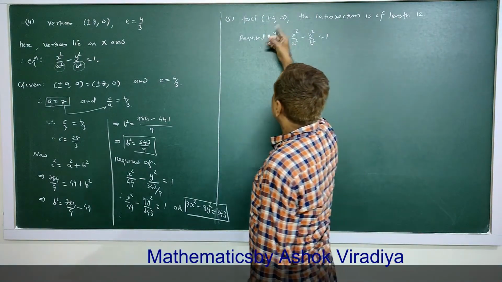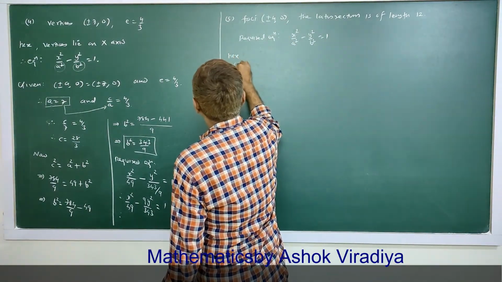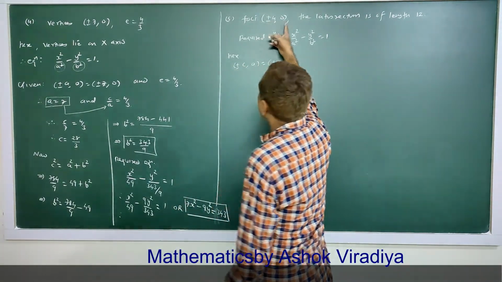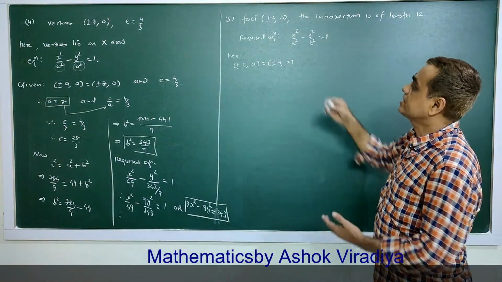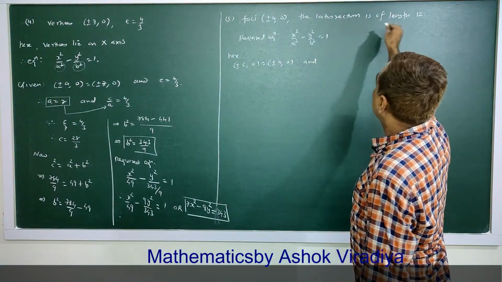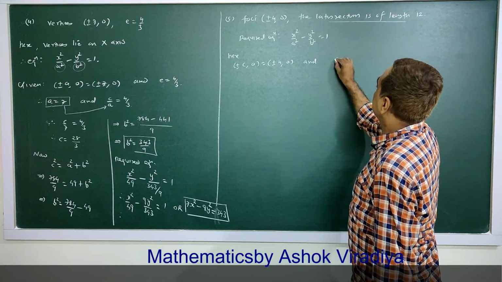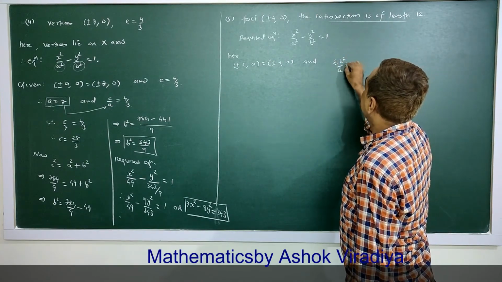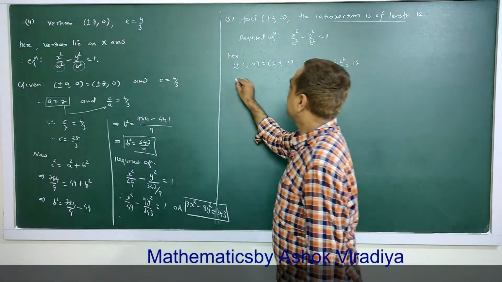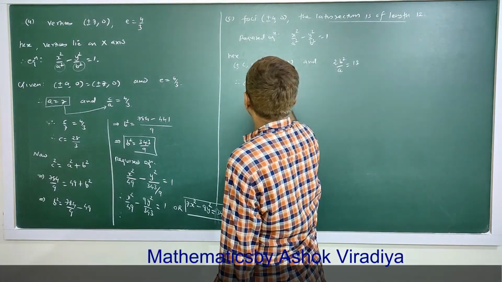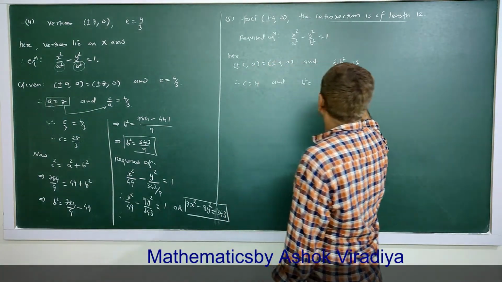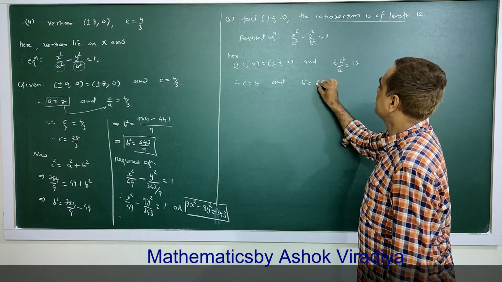Given that foci, that is plus minus c, 0, is plus minus 4, 0, and the length of latus rectum, that is 2 times b square by a, is 12. So here c is 4, and multiplying a on this side, b square is 6a.